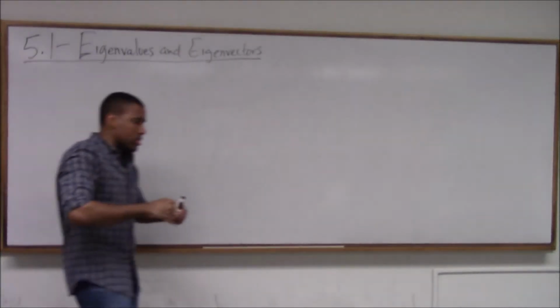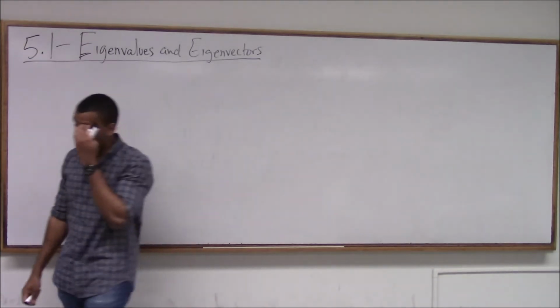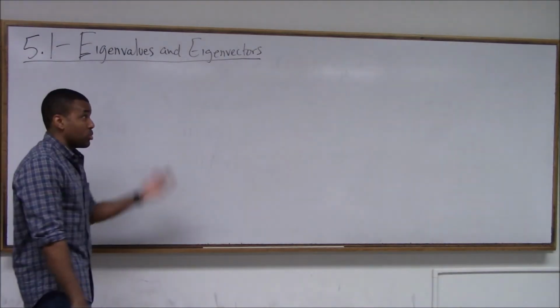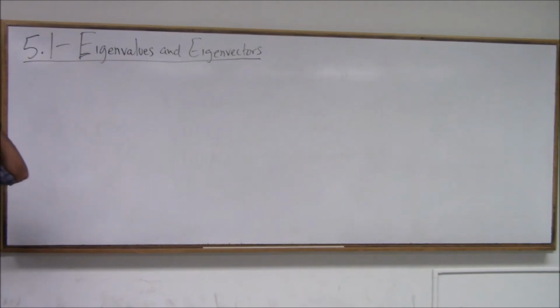They have many uses. We're not going to see all of them. You'll see like 2 or 3, but they're very useful in a lot of ways. Not only computational, which is how we're going to look at them, but as a theoretical tool, they're also very important things to talk about. So these are called eigenvalues and eigenvectors.